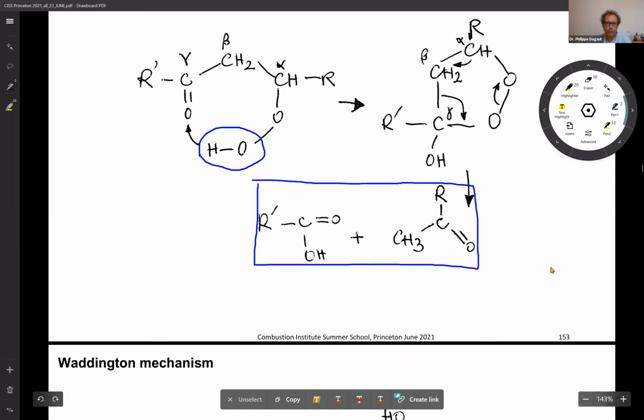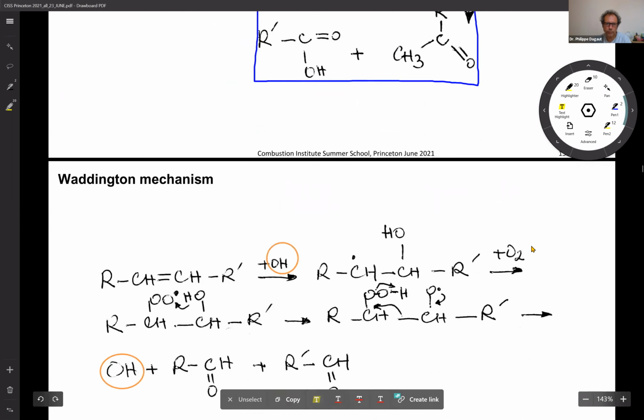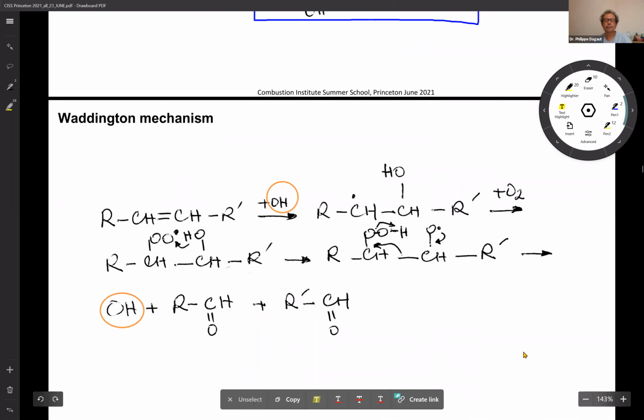Another process which is also of interest. Still, it's interesting to note that this group from Professor Waddington at York University in Great Britain were also working on the oxidation of lubricants. And they figured out that there were processes involving double bonds and OH radicals.